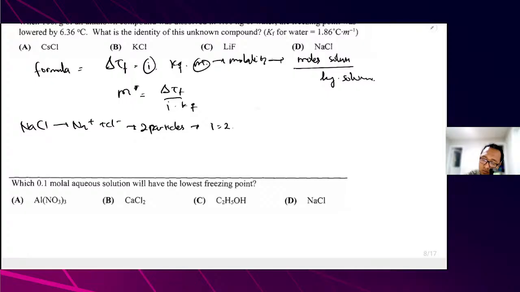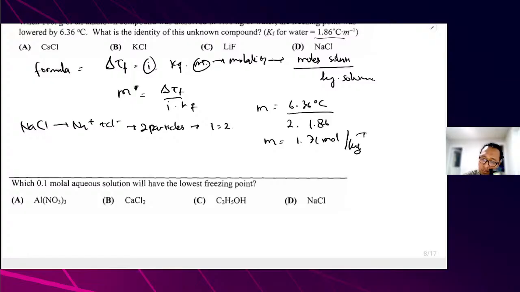So now m equals delta Tf, 6.36, divided by i, 2, and then Kf, 1.86. So m is 1.71 mole per kg.